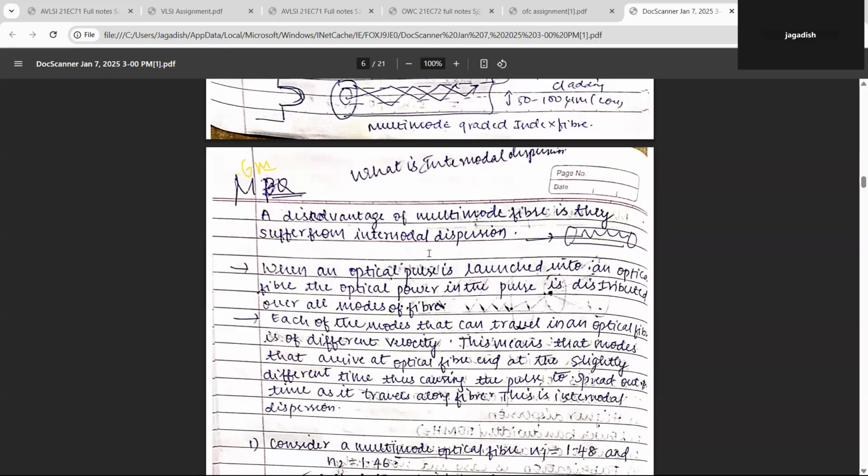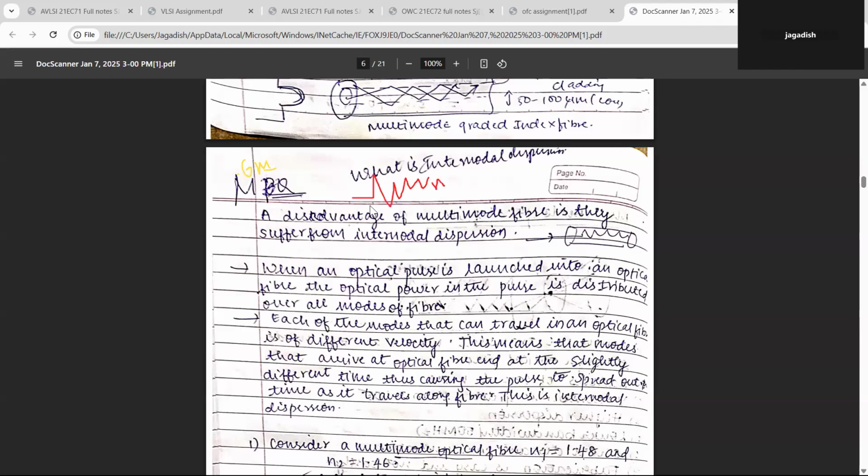So, what is intermodal dispersion and why does it happen? Whenever light is launched into an optical fiber, the optical power in the pulse is distributed. See, in an optical fiber there will be many rays propagating, each with its own mode.